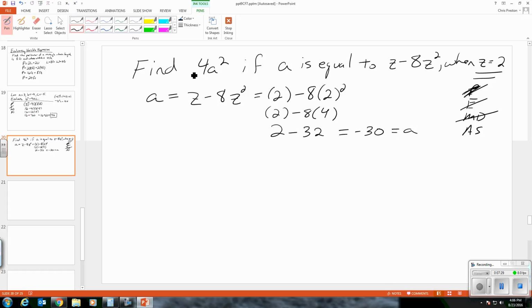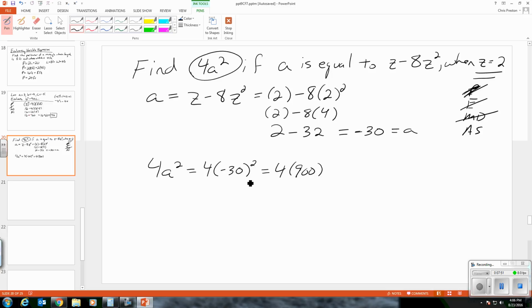But we're supposed to find 4a squared. So 4a squared, now that we know a is negative 30, is going to be 4 times negative 30 squared. And again, this is not a group, but we have exponents. So negative 30 times negative 30, that's 900.